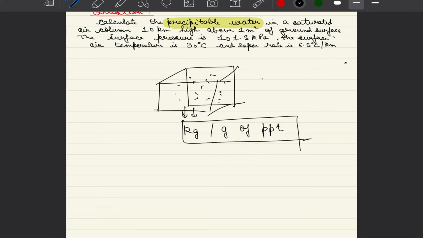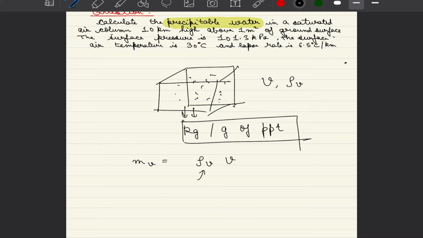And if we know the volume of this cube, and if we know the density of water vapors that are present, we can simply say that the mass of vapors present in this cube should be equal to rho v times volume. However, calculating the density of water vapors directly may not be easy.